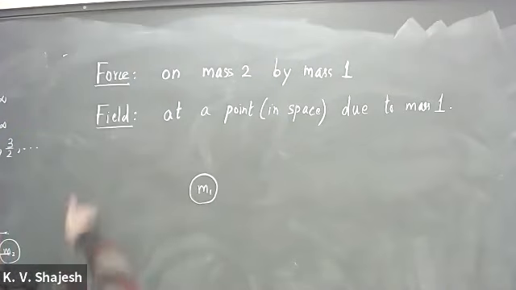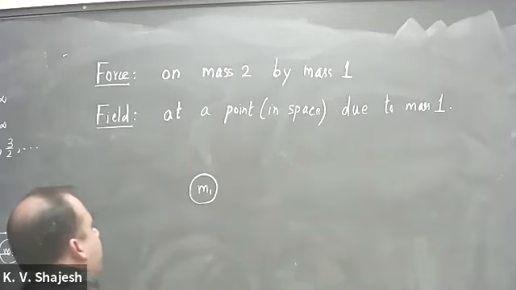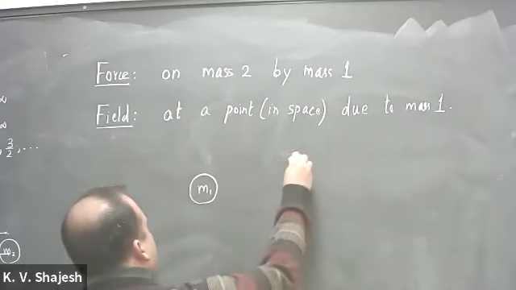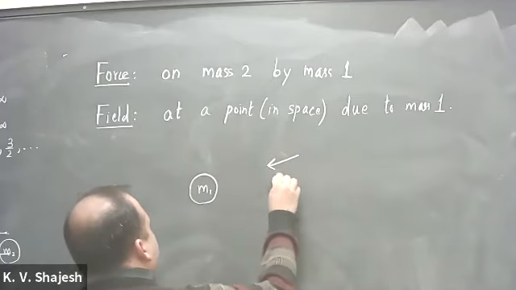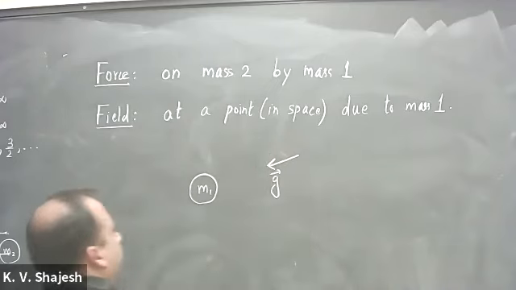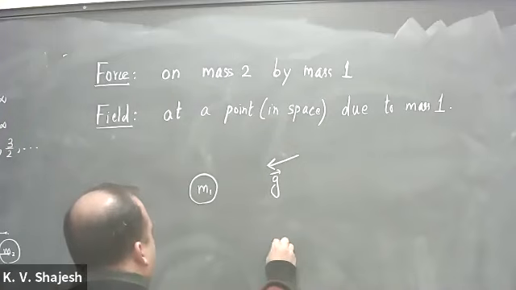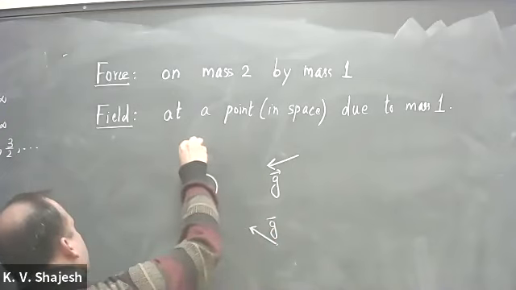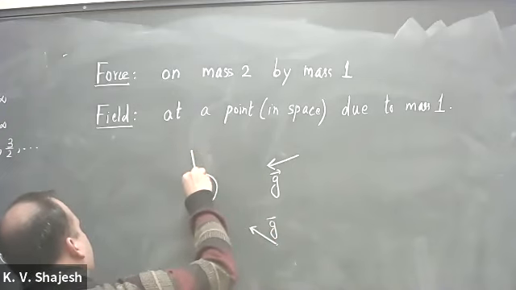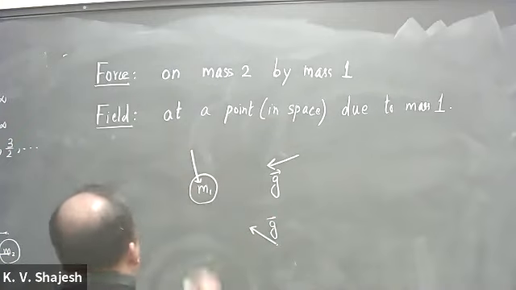But unlike force, field exists everywhere in space. For example, here you have a gravitational field in this direction. Somewhere else here, it points in this direction. Somewhere closer, it will be much larger, so I will draw that using a slightly longer vector.